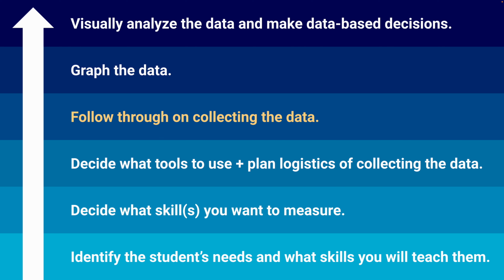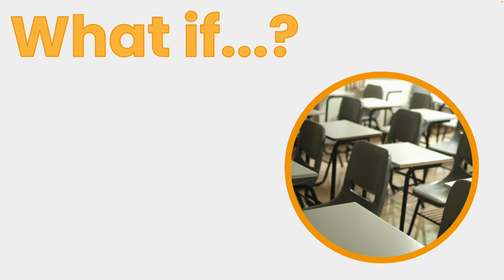Then following through on collecting the data. So think about everything that I just said and how important those decisions that were made around the where, the how, the who are to setting us up to actually execute our plan and actually, every week, be collecting the data that we need to collect, following through. Another thing to just add to that is just what if.